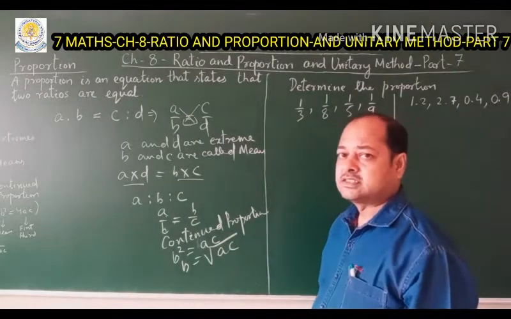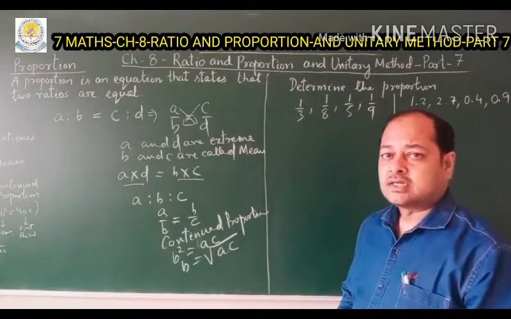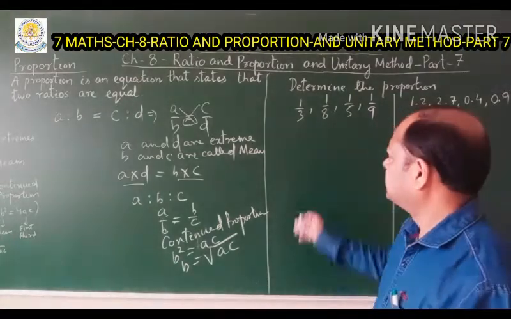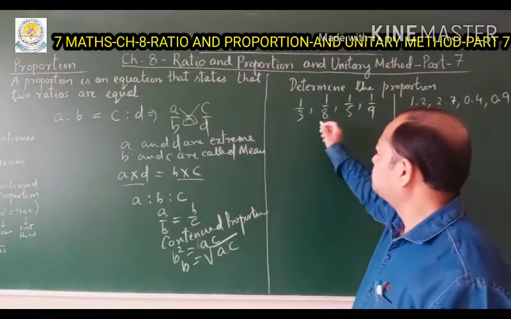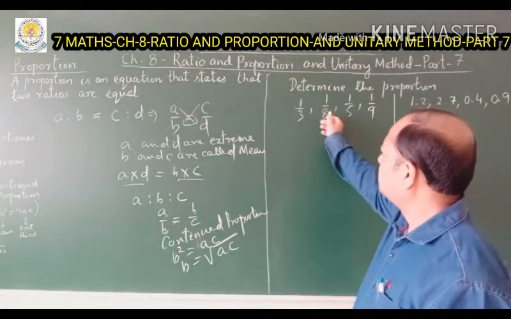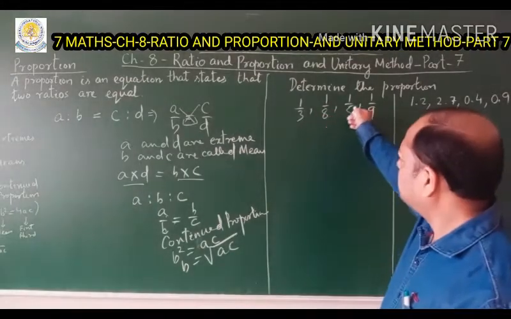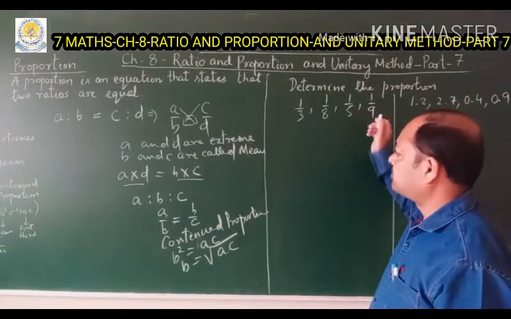Now let's check some of the ratios to determine whether they are proportional or not. Here there are four terms: 1 upon 3 is a term, 1 upon 8 is a term, 1 upon 5 is a term, 1 upon 9 is a term.